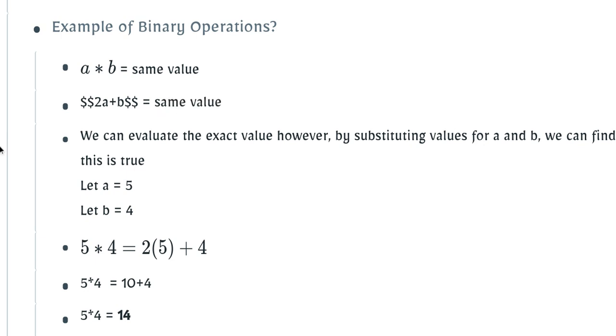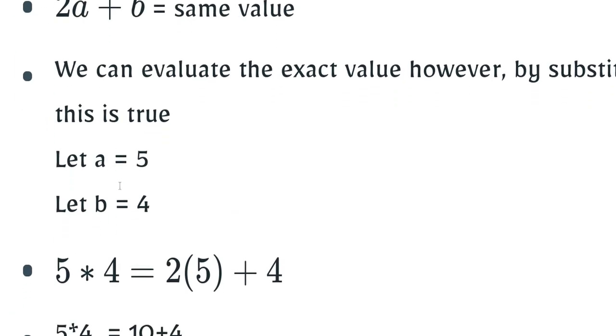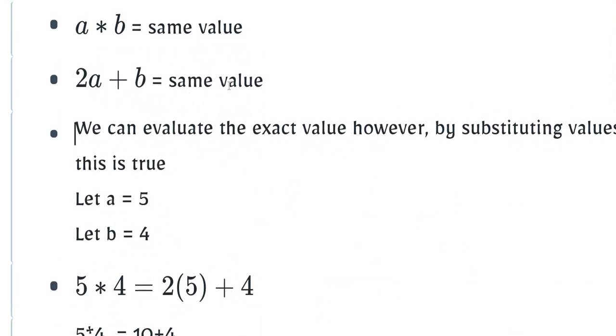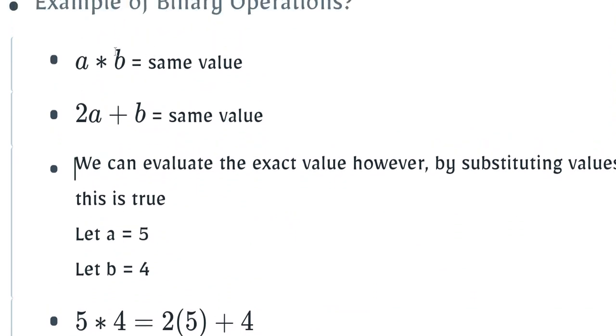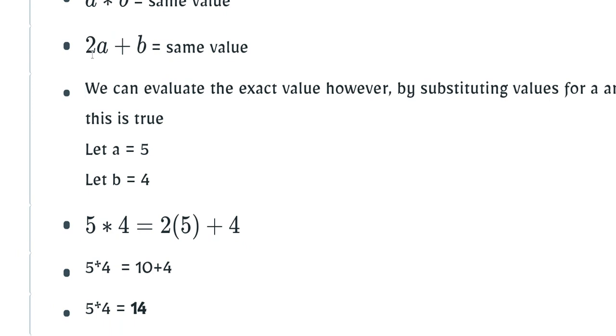So the question would now give you terms such as let A equal 5, let B equal 4, and you would put these terms into the second equation that you were given, and that will tell you the same value as what would have been given here. Let's recap. What is the formula here? We have 2A plus B, correct? What is A? Anyone? 5. Okay, good.